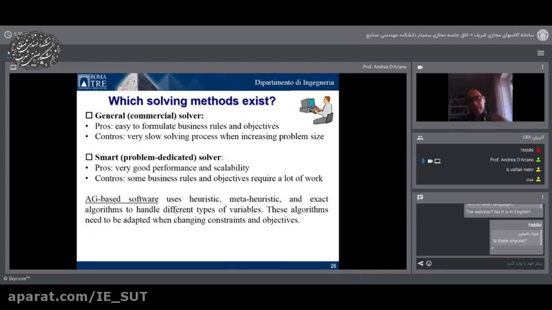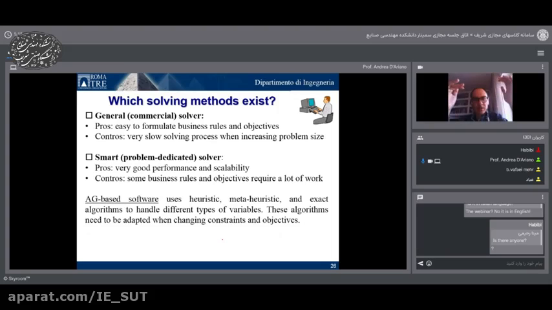When we deal with alternative graph-based software, we will see this type of software is based on a mix of algorithms, depending on the type of variables. We will see heuristic algorithms, meta-heuristic algorithms, and even exact methods. Just to keep in mind, the timing is easier, then you have the sequencing, and the routing.